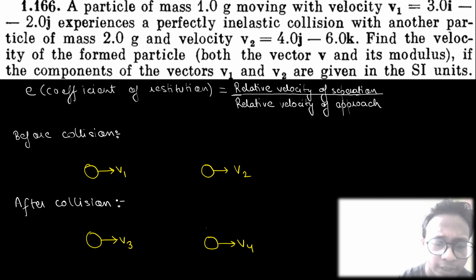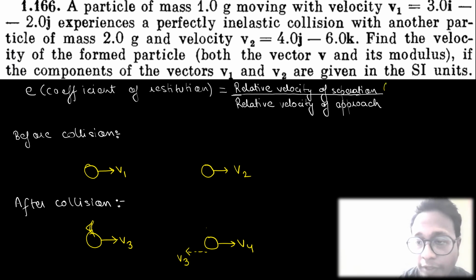Then this body would try to move away from it with velocity v4 minus v3. So the velocity of separation is nothing but v4 minus v3.